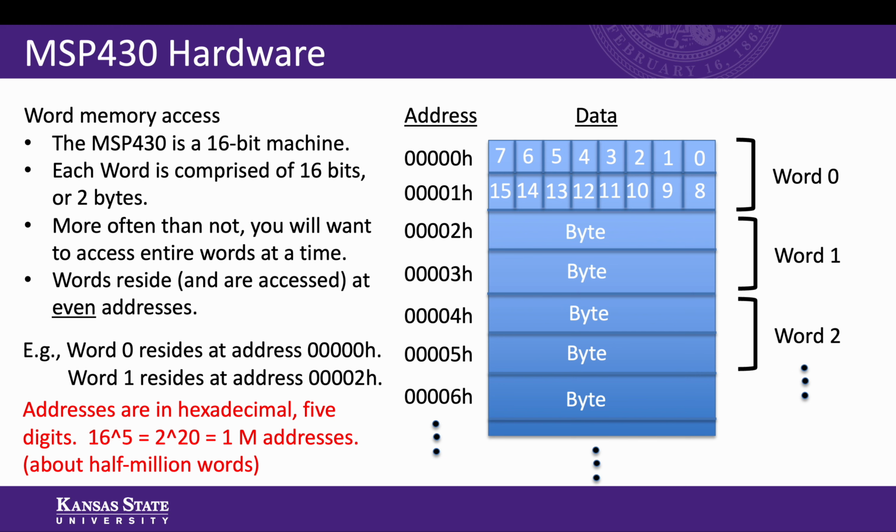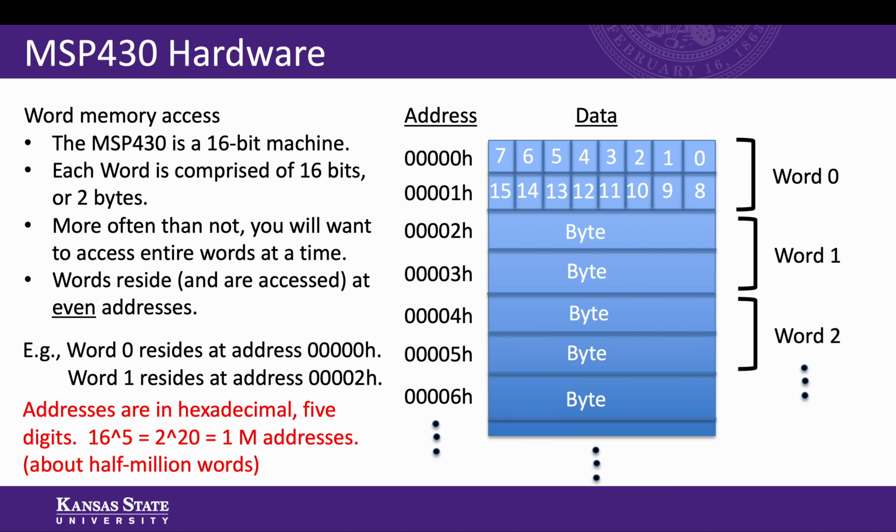So 16 address lines specifies 65,536 unique addresses, and 20 address lines specifies 1 mega addresses. And then since it takes 4 bits to represent a hexadecimal digit, it takes 16 divided by 4, or 4 hexadecimal digits, to specify the addresses if we fixed the most significant digit to 0.